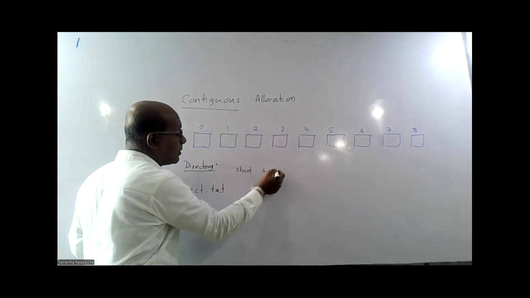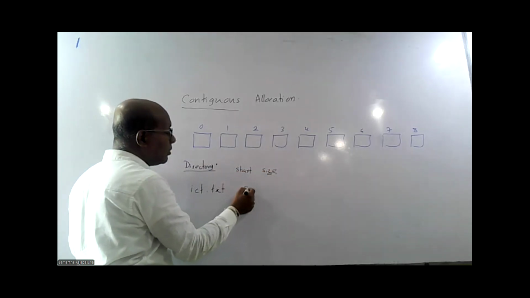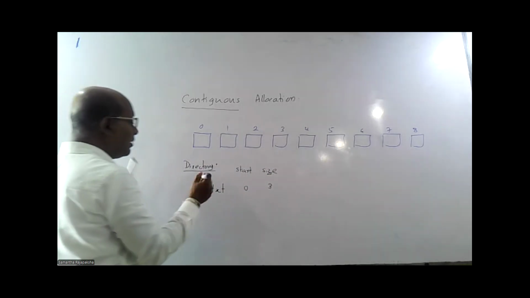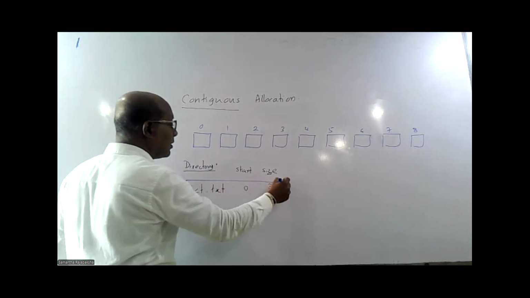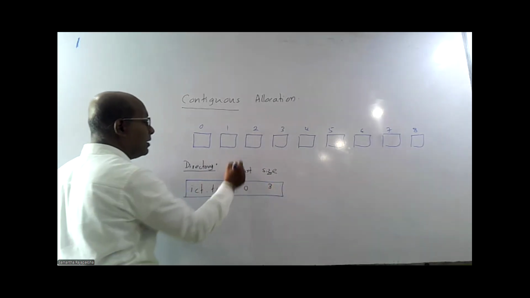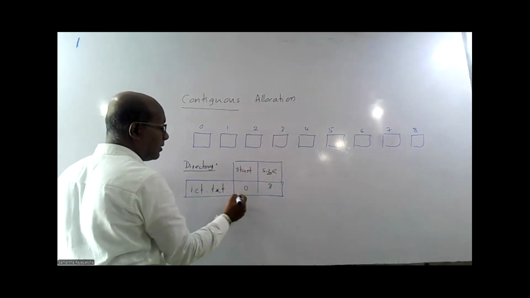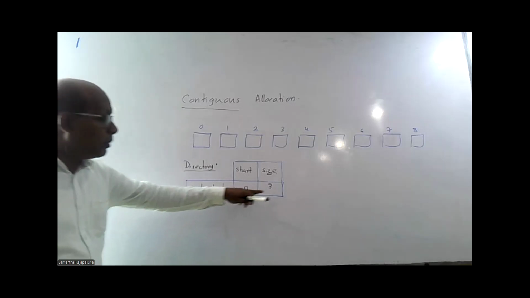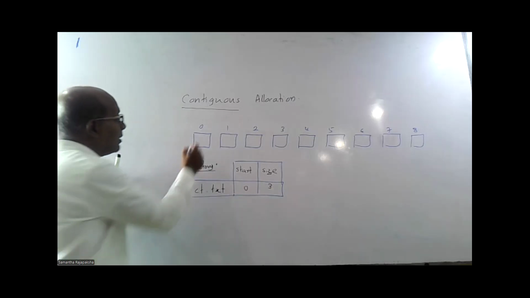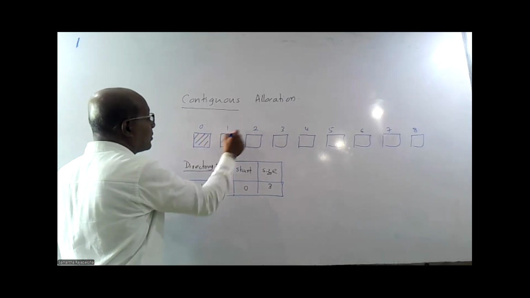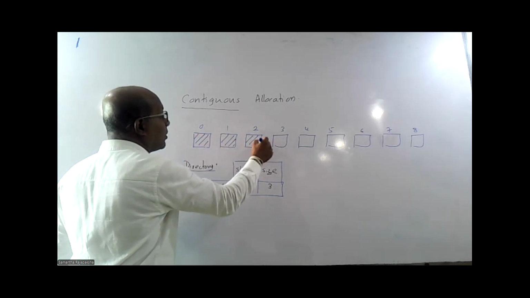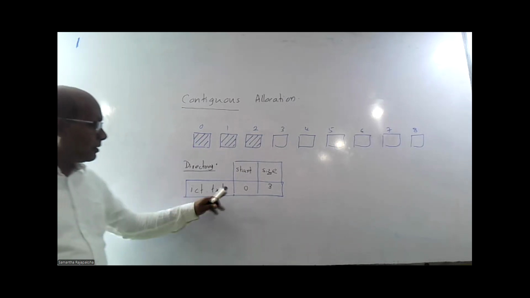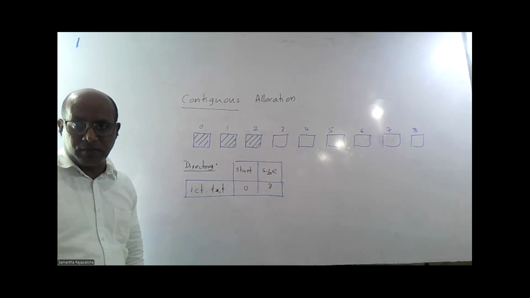In the directory, we store this information: the file name, the start, and the size. Let's say start is 0 and size is 3 blocks. That means we store in the directory that the starting block is 0 and there are 3 blocks. So this first file has these 3 consecutive blocks. That is called contiguous allocation.